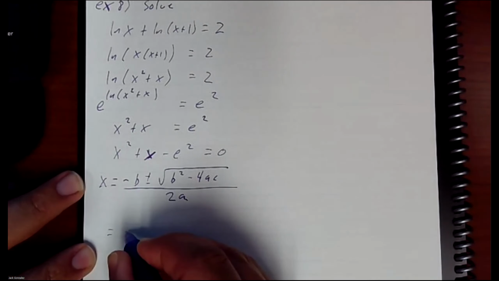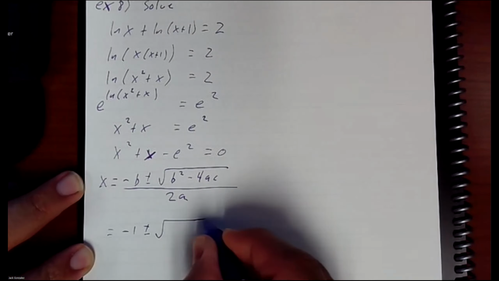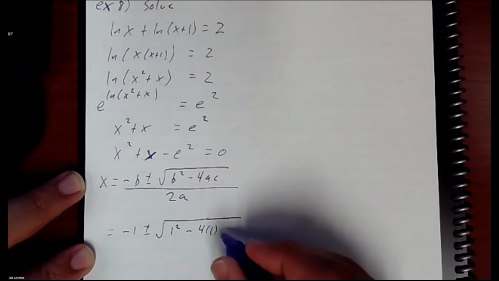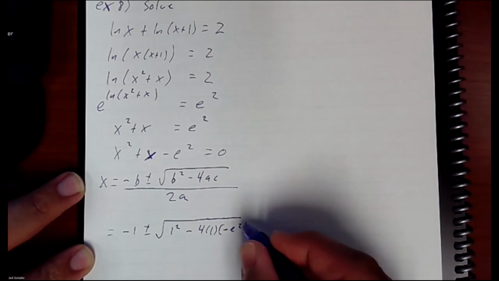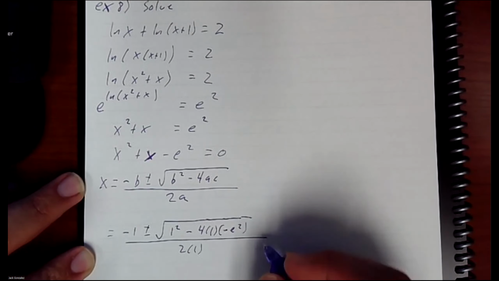So that will be negative 1 plus or minus the square root of 1 squared minus 4 times 1 times negative e squared, over 2 times 1.